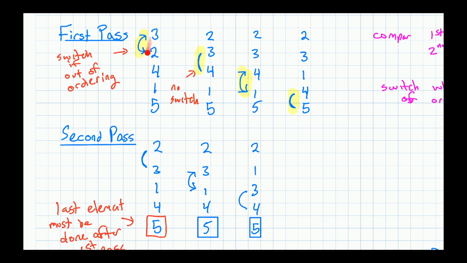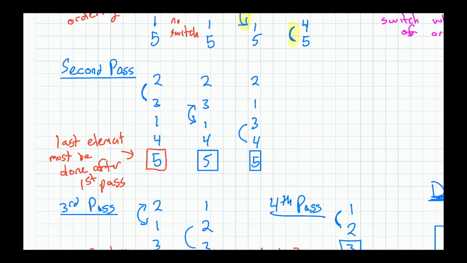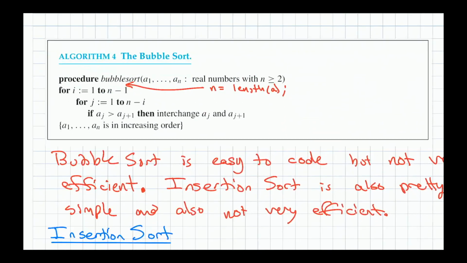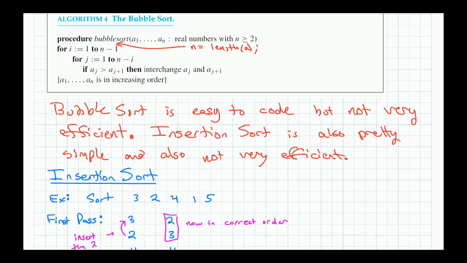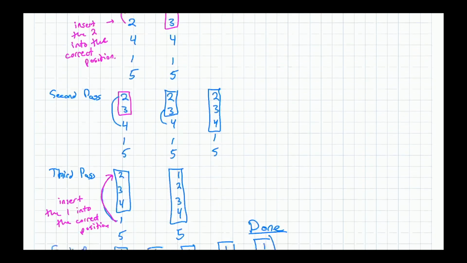And so what's slow is kind of switching things. And you only have to switch things when they're out of order. So even though both of these methods here, bubble sort and insertion sort, are not very efficient, they're not inefficient in the same way. Bubble sort is inefficient with things that are out of order, and insertion sort is inefficient with things that are in order.